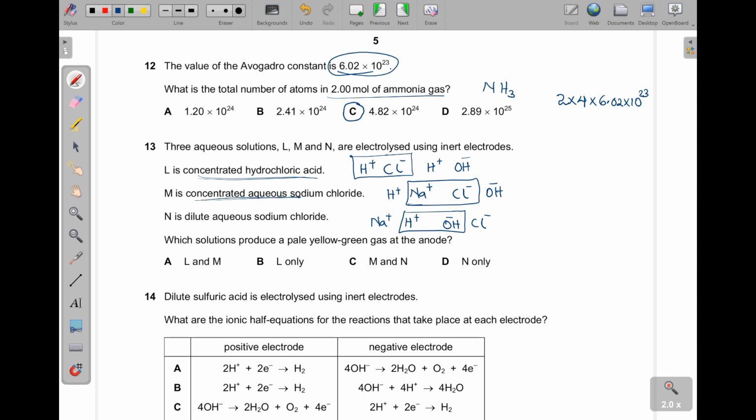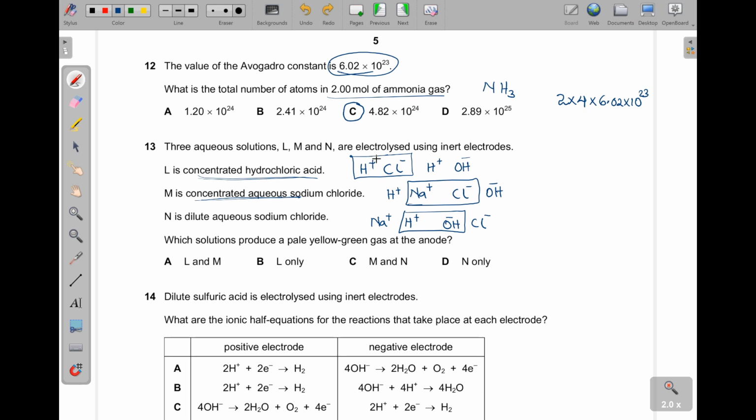But if the solution is dilute at the anode, what is going to be discharged is the OH, so oxygen will be produced from there. For a dilute solution, we get hydrogen gas produced at the cathode, because the positively charged ions go to the electrode with the opposite charge.